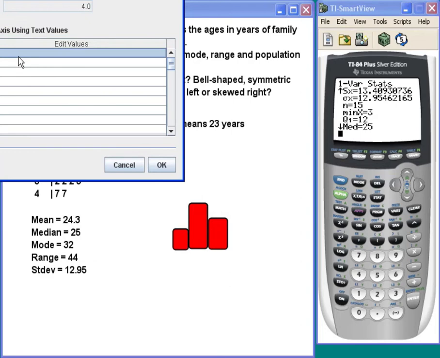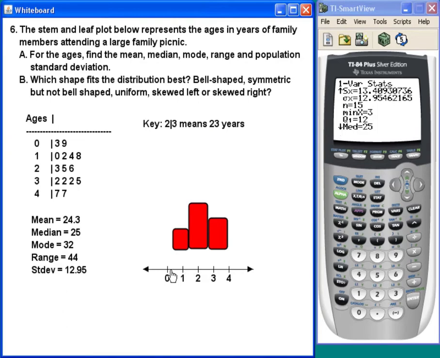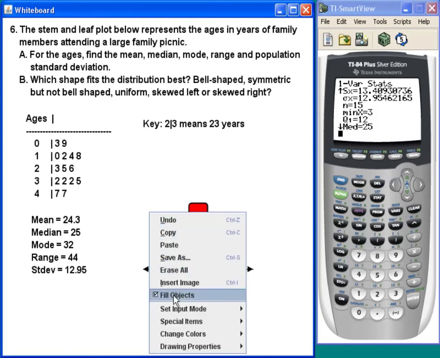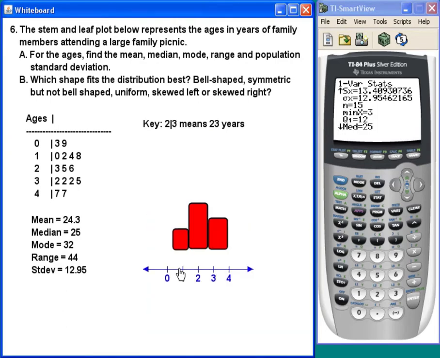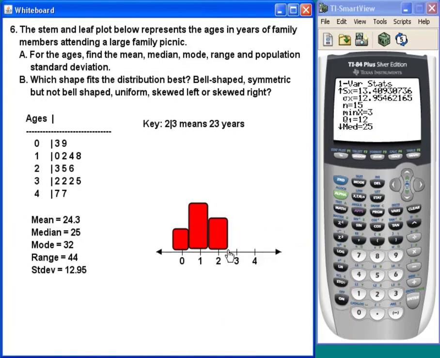Go 0 through 4. All right, back on track here. 3 has a frequency of 4.